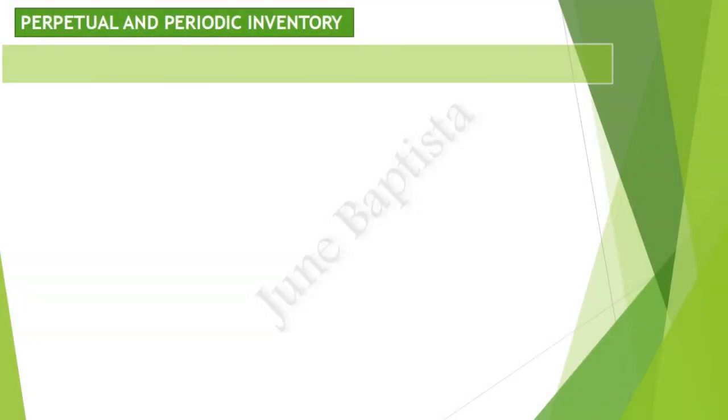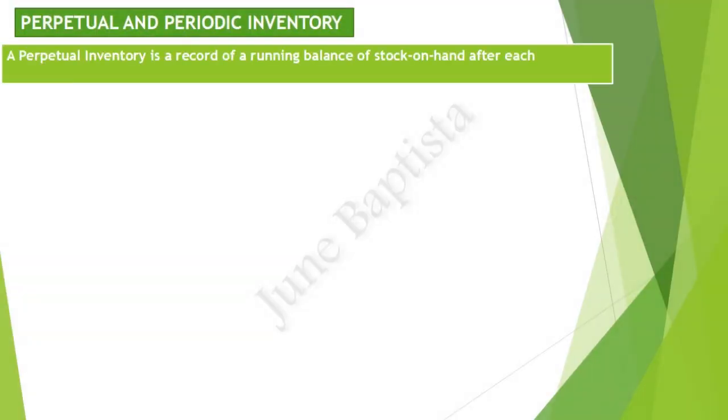We will now take a closer look at the difference between perpetual and periodic inventory. A perpetual inventory is a record of a running balance of stock or inventory on hand after each transaction.